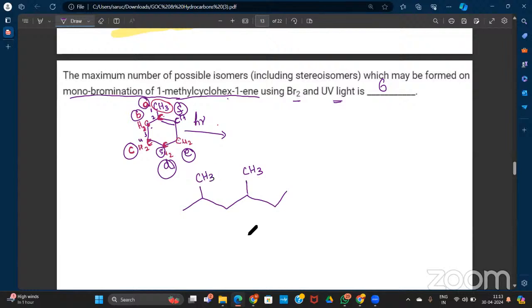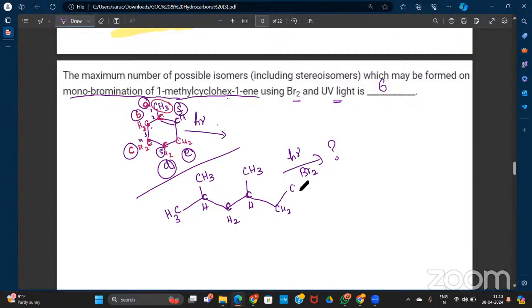What will be the maximum products when you do bromination for this compound? So what do you have to check? You have to check the different carbon and hydrogen environments. So I'll write all the carbons over here, so it will be easy for us to identify.